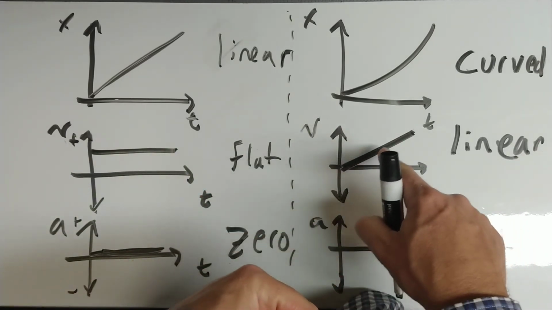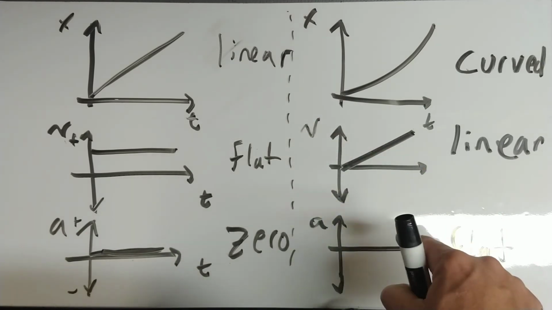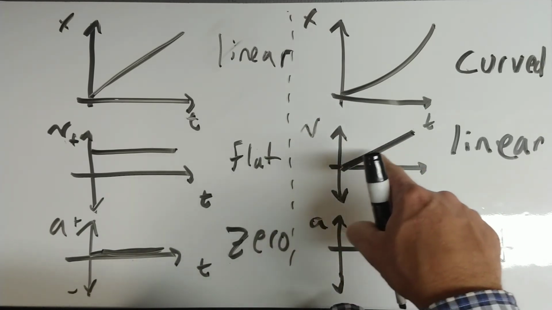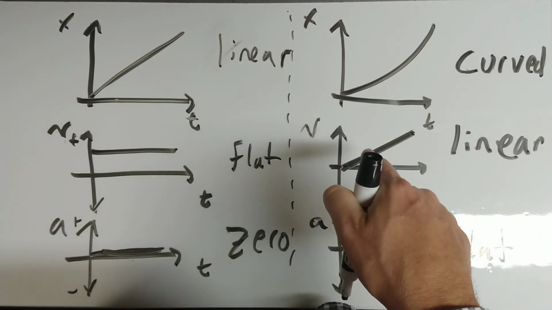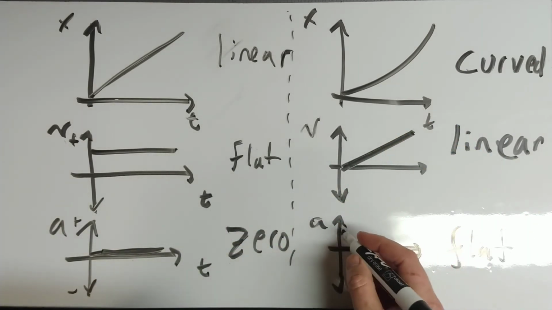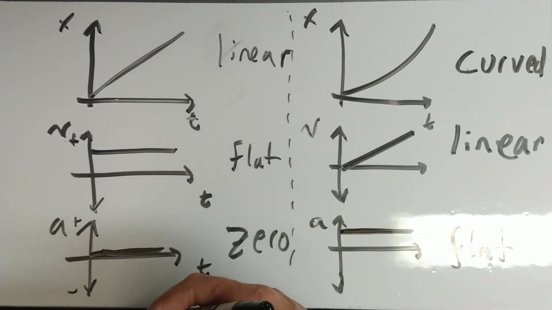And since it's a positive slope, the slope of the velocity is literally the acceleration, and the slope of the velocity versus time graph never changes. So if the slope of the velocity versus time graph never changes, that means our acceleration must never change. It must be positive and constant.